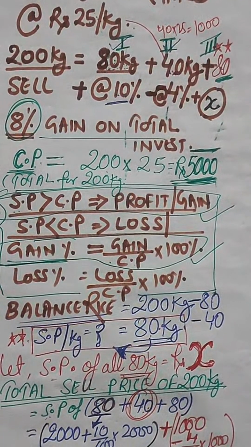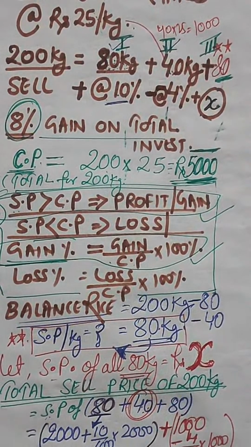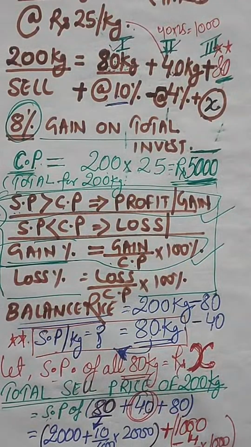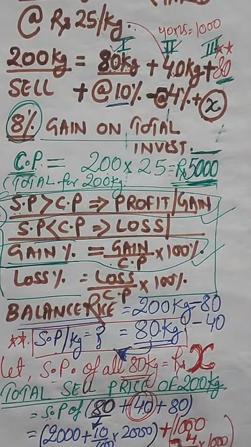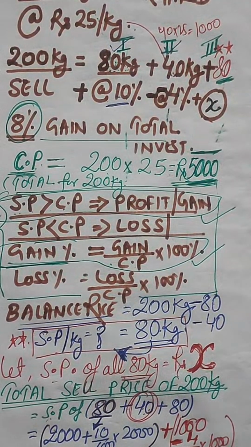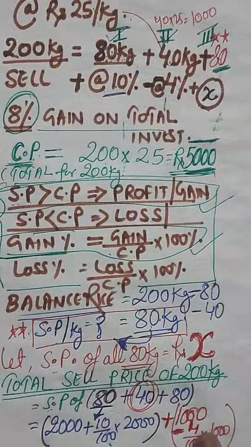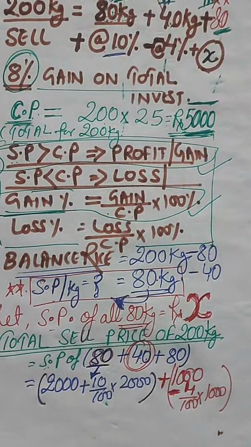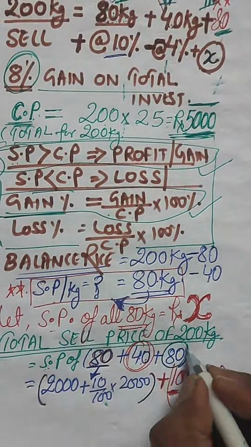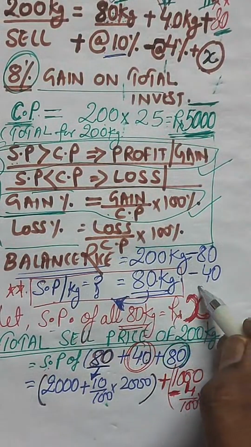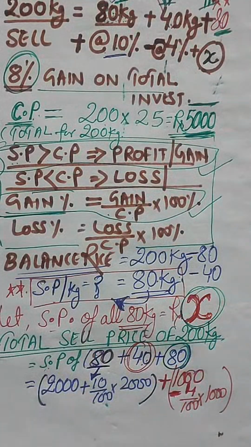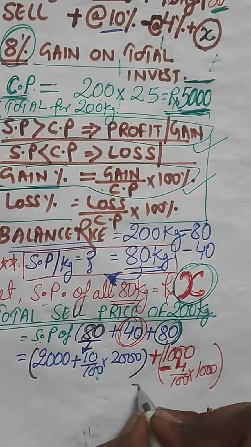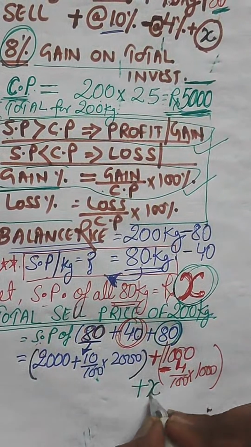So to subtract this, we just subtracted this 4% from this 1000, as you can see. And what is the sale price of this remaining 80? We have already considered this as X.